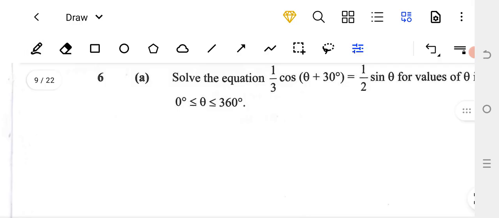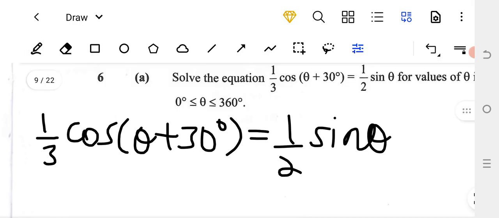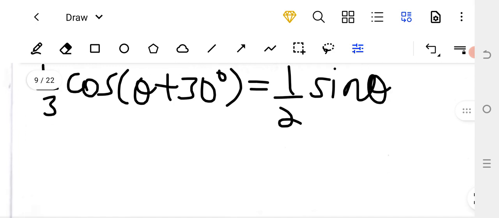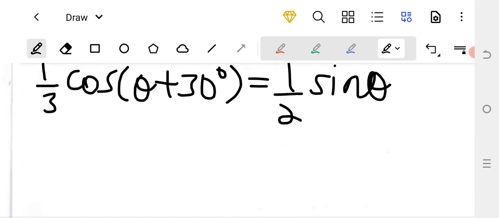So remember, in grade 10 you learned about special angles. Then somewhere in grade 11 you're going to learn about the expansion of cosine and the expansion of sine, also the expansion of tan of theta. We're going to use the expansion of cosine here, and the special angles from grade 10 are going to be applied here.